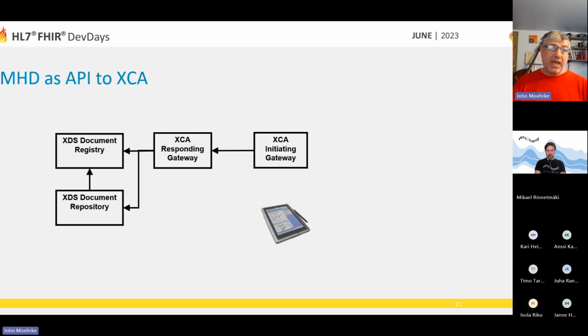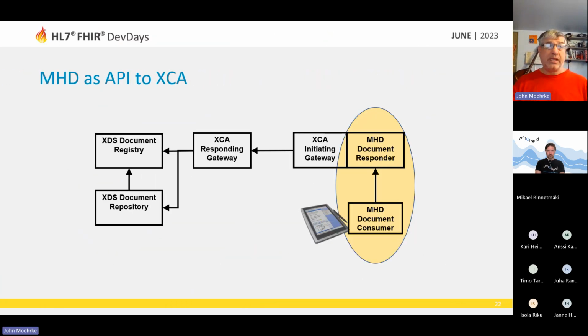With XCA, we're really only dealing with the consumer side. So you have the MHD consumer again, talking to an MHD responder, and the responder is grouped with an XCA gateway. From a pure modularity perspective, you can see how all of a sudden you have FHIR access to any of those communities.